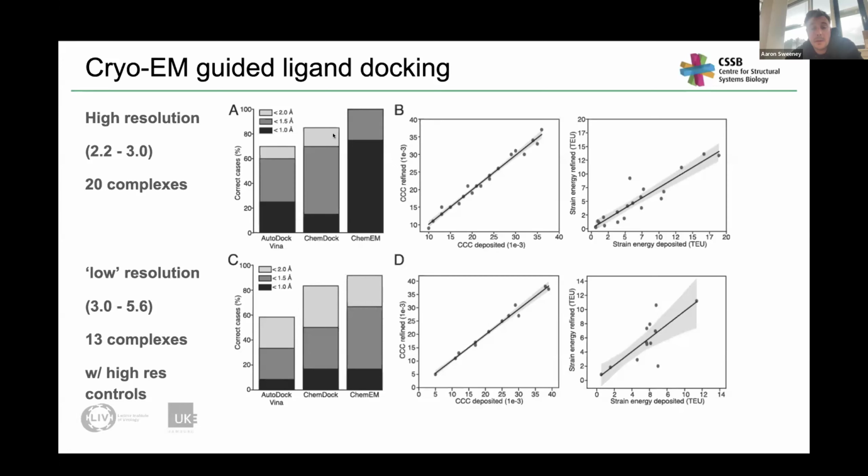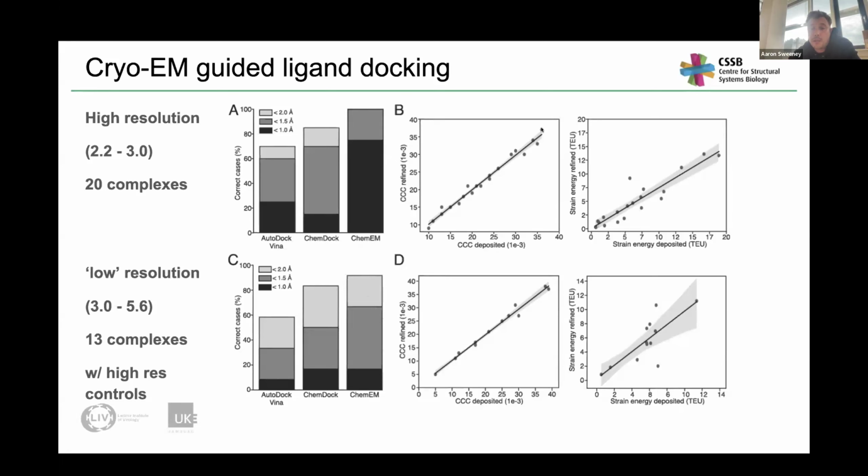Now, when we added in the data from the CryoEM map, we increased not only the number of correct solutions that we got, but also the quality of these solutions for both high and low resolution. We checked the cross-correlation against the map of these solutions compared to the cross-correlation for the deposited, and they were fairly similar for both high and low resolution.